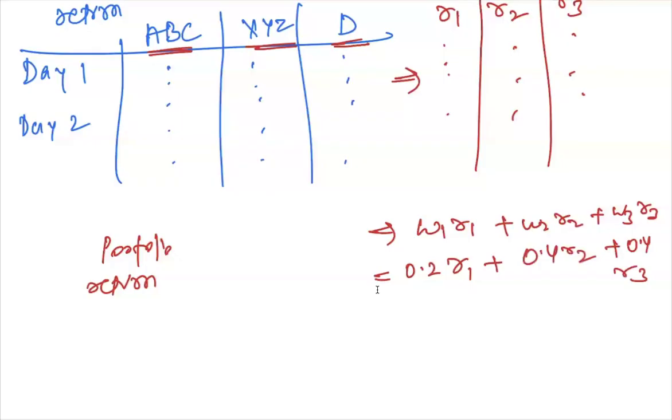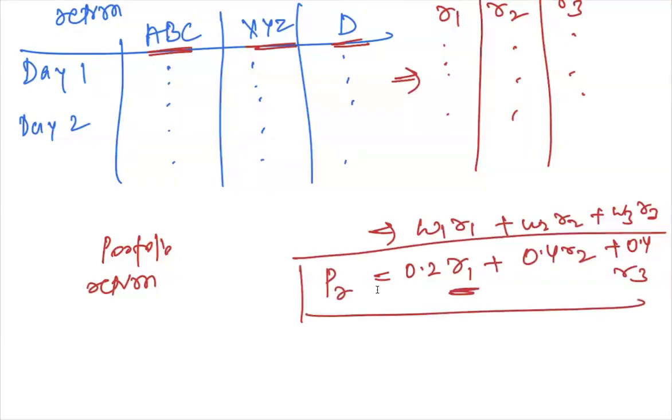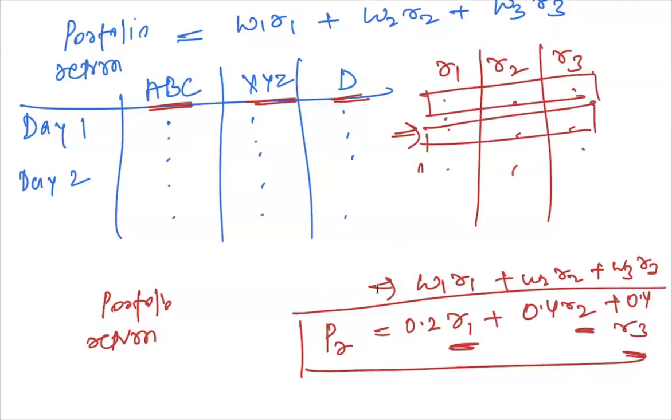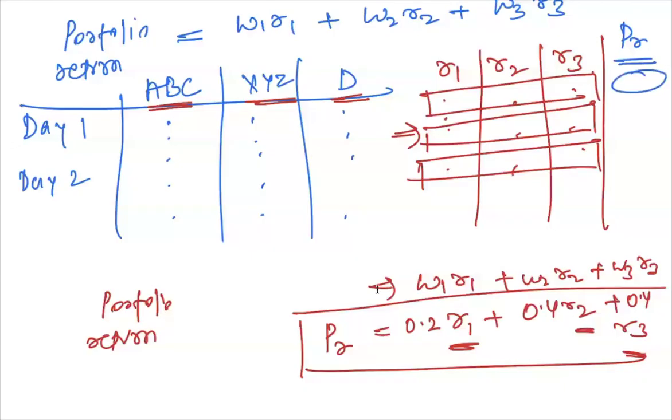That's how you will calculate the portfolio return. You will put in the values of R1, R2, and R3 that you calculate on a daily basis, and that's how you will calculate the return of your portfolio on every day. Okay. Is this clear to everyone?